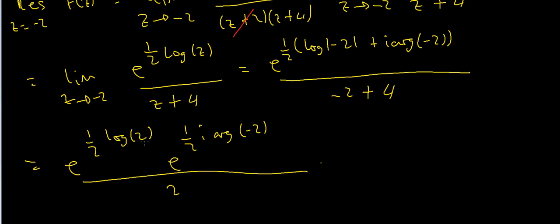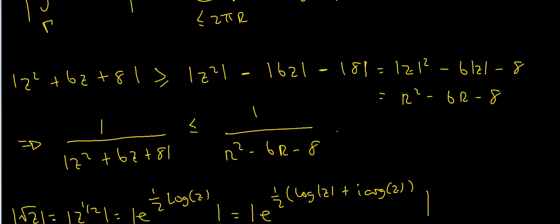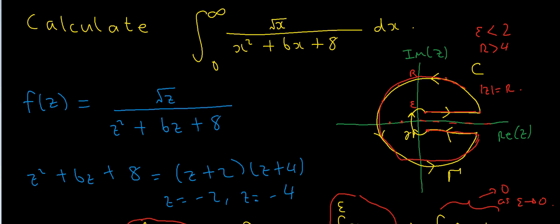So I've dealt with the modulus of minus 2. What about the argument of minus 2? Well, if I just go back to my Argand diagram, minus 2 is this point right here. And minus 2 makes an angle of 180 degrees with the positive real axis, or pi radians. So the argument of minus 2 is pi.